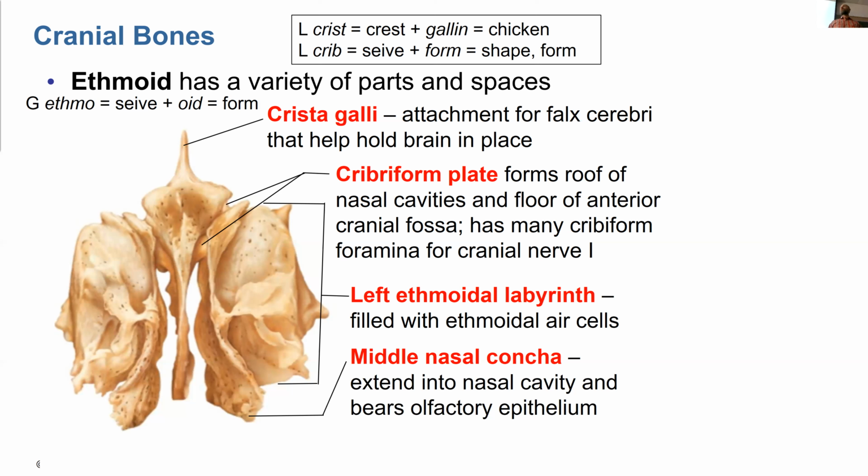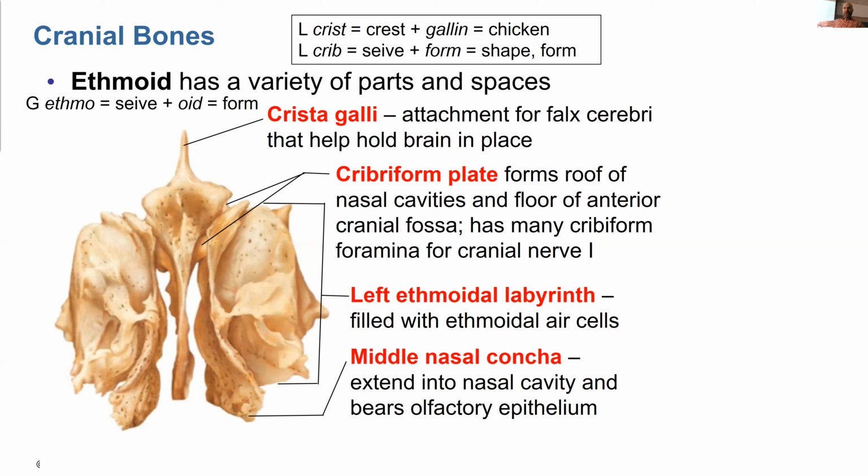So they contain specialized cells that allow you to sense smell, right? And that's why they're kind of convoluted, because that provides more surface area. The more surface area there is, the more cells there can be. The more cells there are, the more fine-tuned your sense of smell can be.